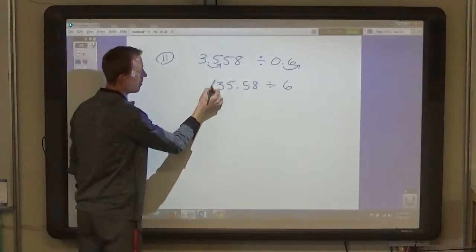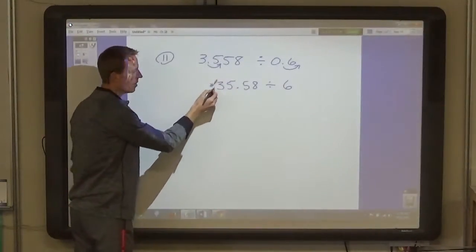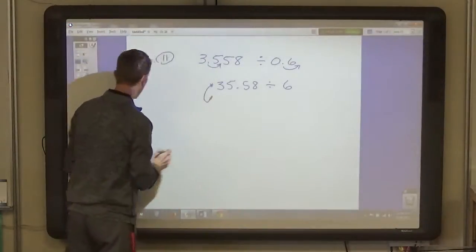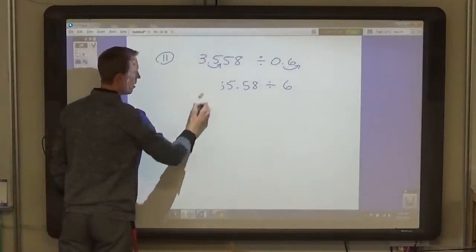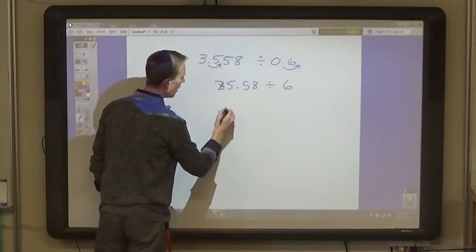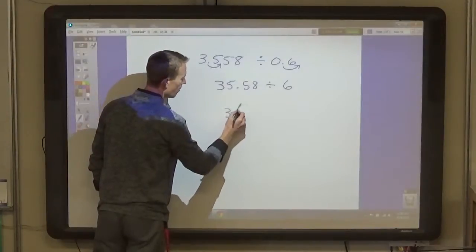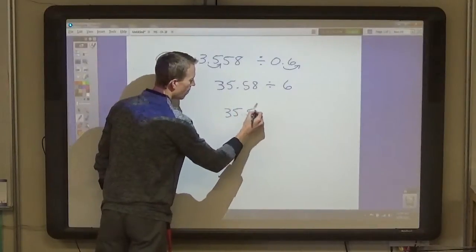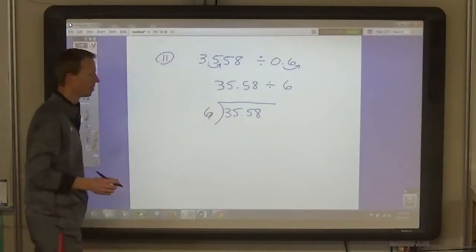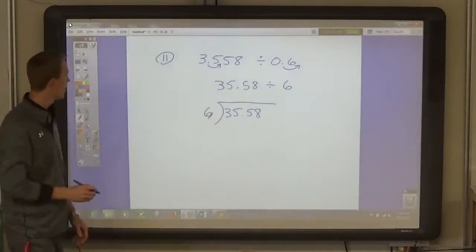Now what do we do with this number? This one goes in the house. Yep. So this one goes inside. 35.58 divided by 6. Now we can divide it out.